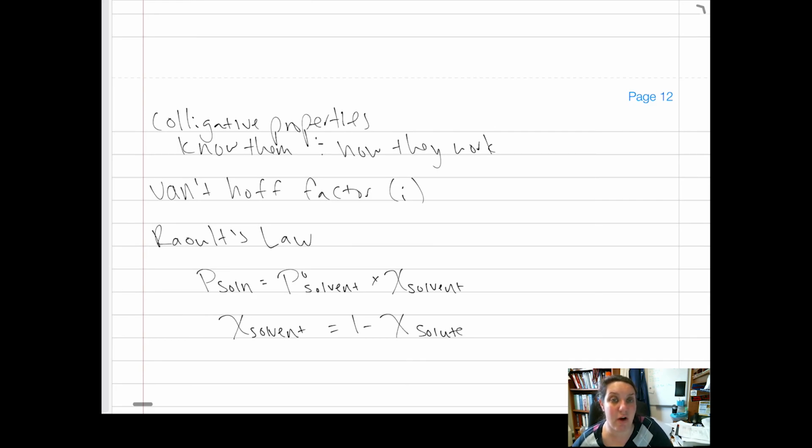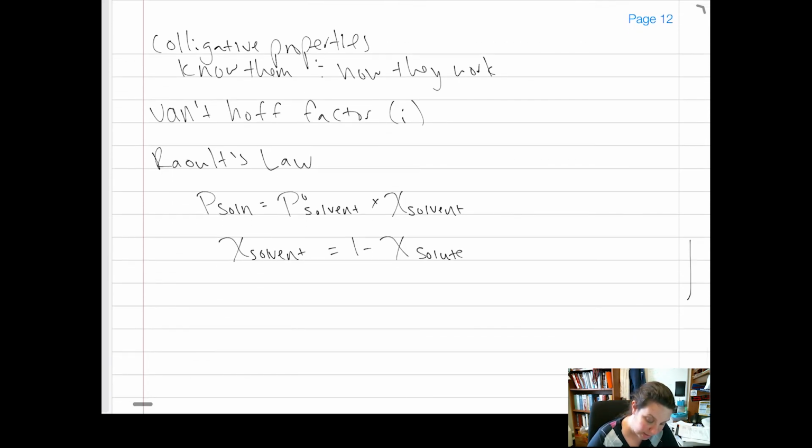Also, Raoult's law you use for a non-volatile solute, but if you have a volatile solute, you're just going to take PA and add it to PB to give you your total vapor pressure.